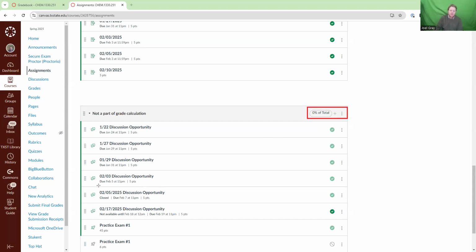So if you look at this 2025 discussion opportunity, the discussion opportunity is worth 5 points, but it's not included in your grade calculation, because what I do is look at whether you answered the discussion opportunity, which is totally makeup.